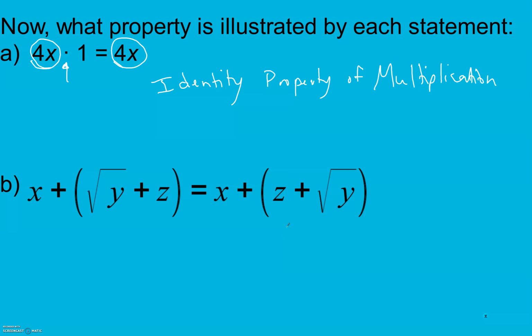So since I have the same pieces inside the same terms, things that are added together, and my grouping didn't change, it's not associative. What it is, is commutative. These moved. My square root of y moved to the end, my z moved to the beginning. So when they move or change places, it's commutative. And here I'm adding, so of addition.